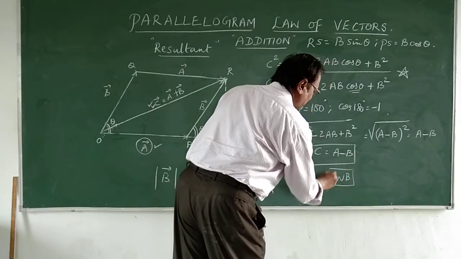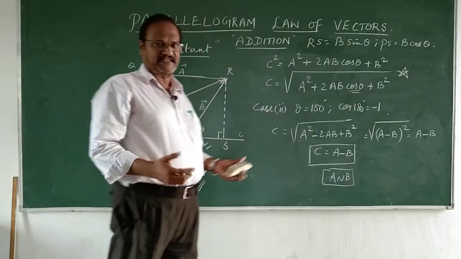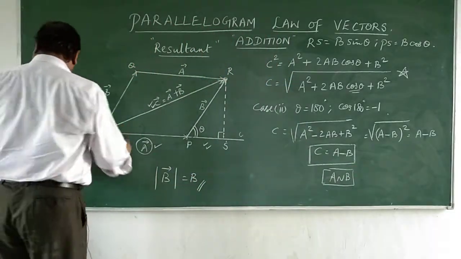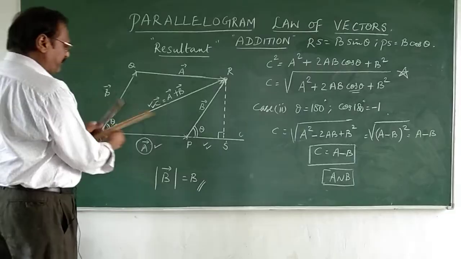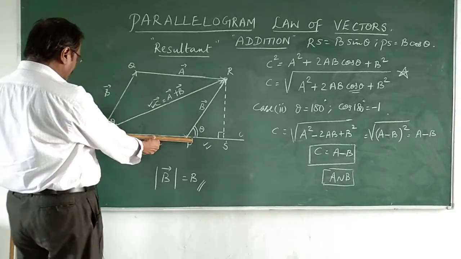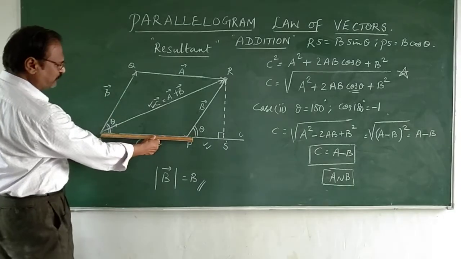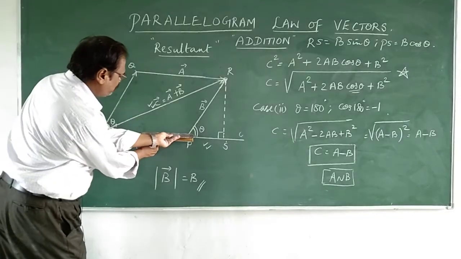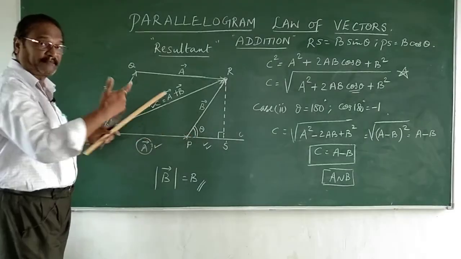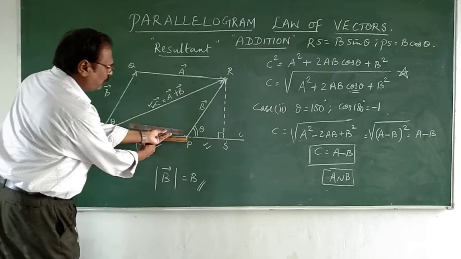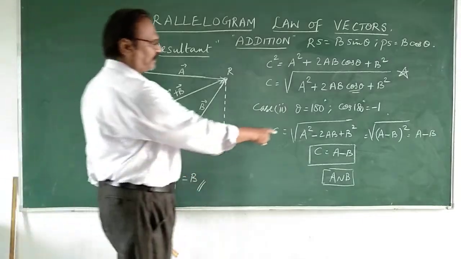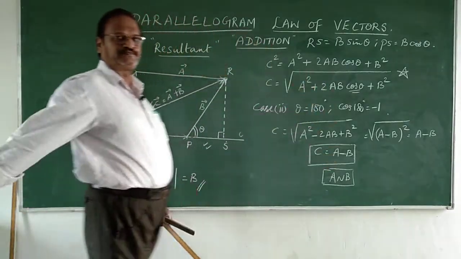Whichever is big, you can subtract from that, because it's all magnitude. So as I said before, if this represents 4 and this represents 3, the left out will be 4 minus 3, which is equal to 1. That's why you are having this value.